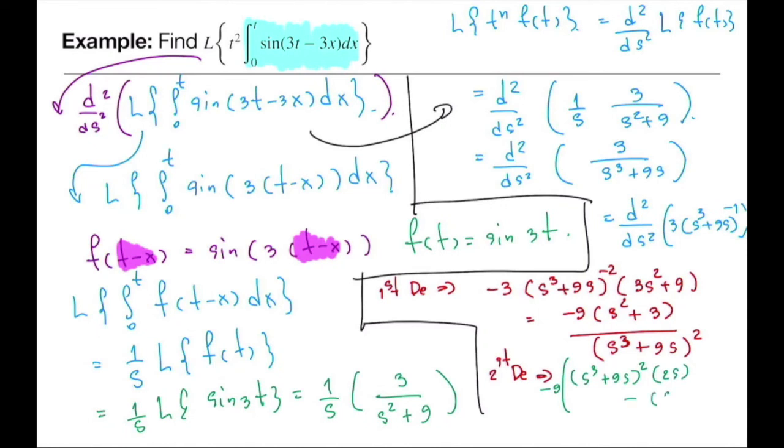Minus high, which is s squared plus 3, d low would be 2 times (s cubed plus 9s), and then you have the chain rule, you get 3s squared plus 9, divided by v squared, that would be (s cubed plus 9s) to the 4.